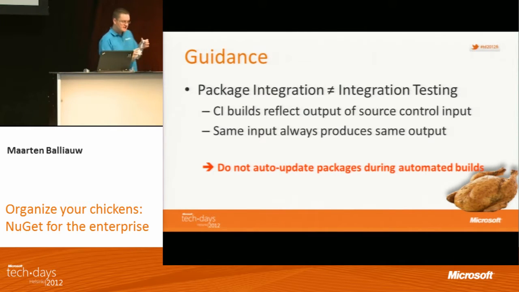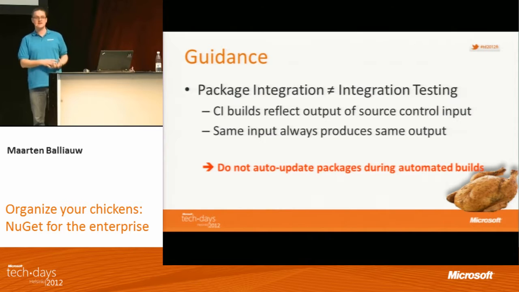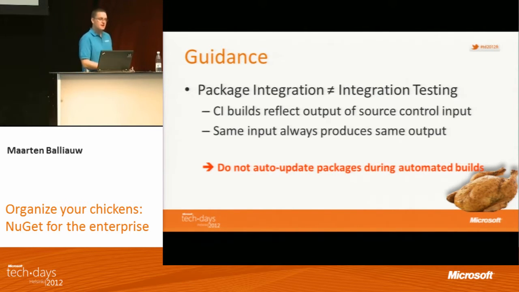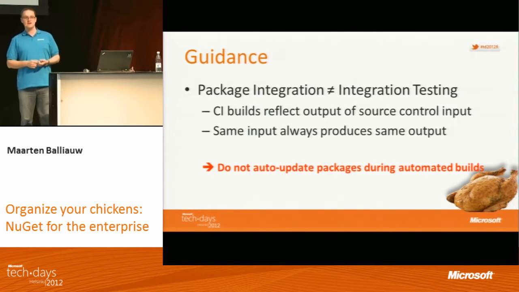The reason for that is if you have a build server, you always expect that the same input produces the same output. If you have a specific set of packages, a specific source code, if you compile it and you compile it again, the result should be exactly the same every time you do that. Now, if for some reason NuGet automatically updates all your packages, your input changes and your output will change.